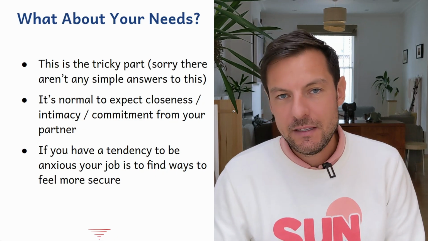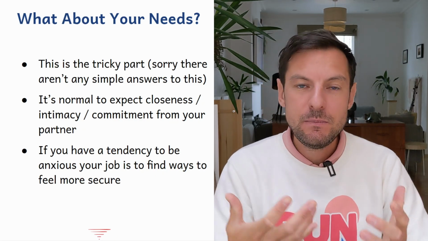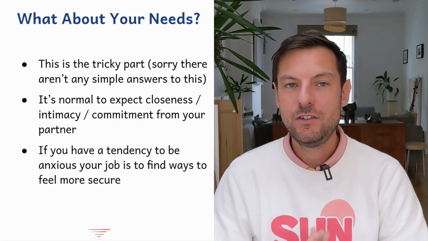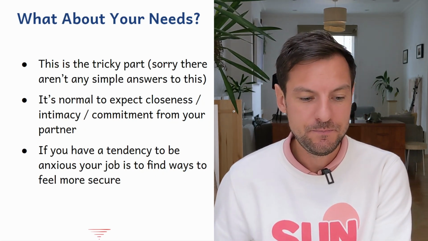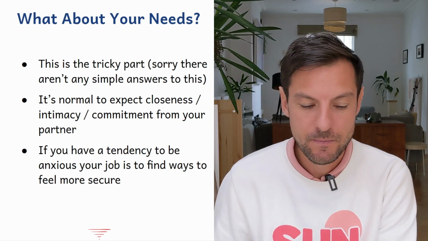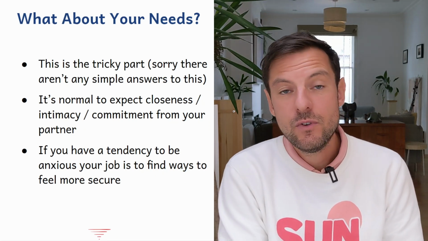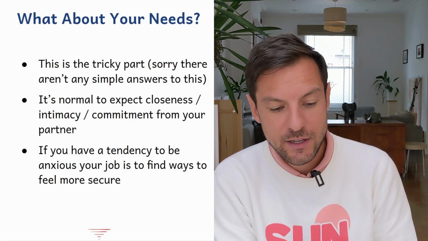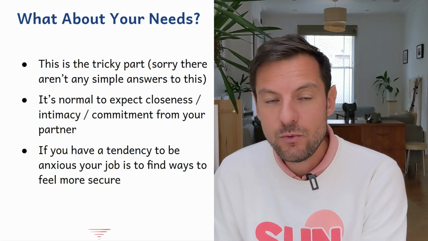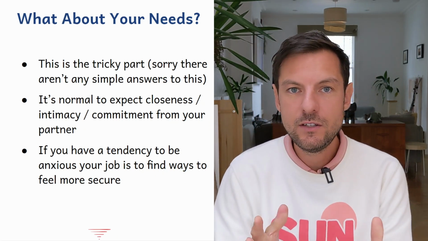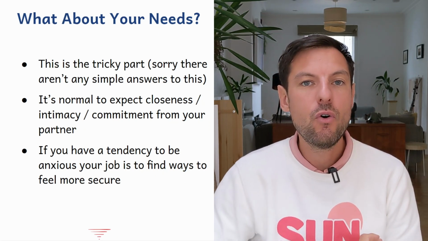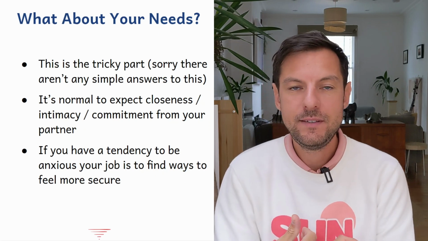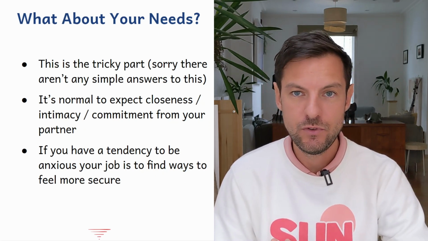It's normal to expect closeness. A relationship is being together, sharing things together, sharing intimacy, having deep conversation, commitment, right? If you have a tendency to be anxious, your job is to find ways to be more secure. And so it's really to find the right balance between, am I being over anxious or am I secure and that person is avoidant?